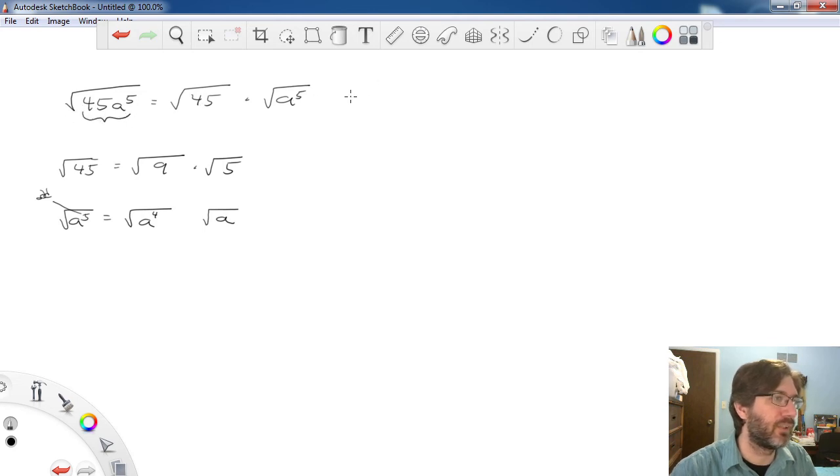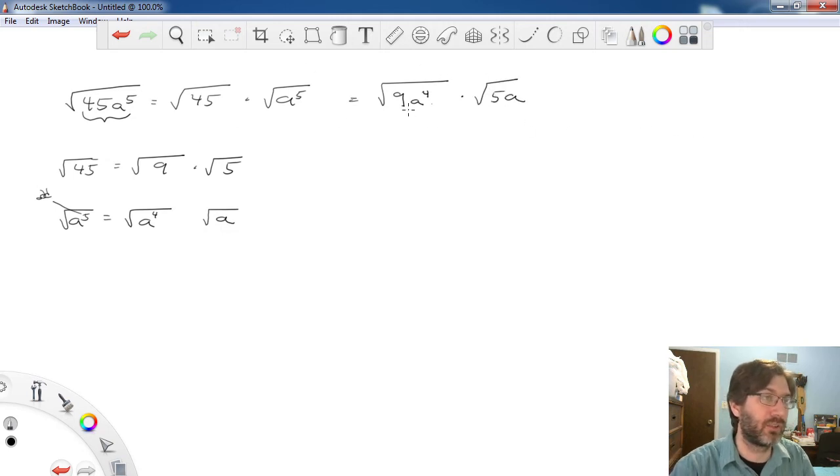So this is going to be equal to the square root of 9 times 5, because of this. I want the numbers 9 times 5, and I'm going to stick the a to the fourth with it because I can take the square root of a to the fourth. I'm going to multiply that by the things I can't take the square root of, which is the square root of 5 times a.